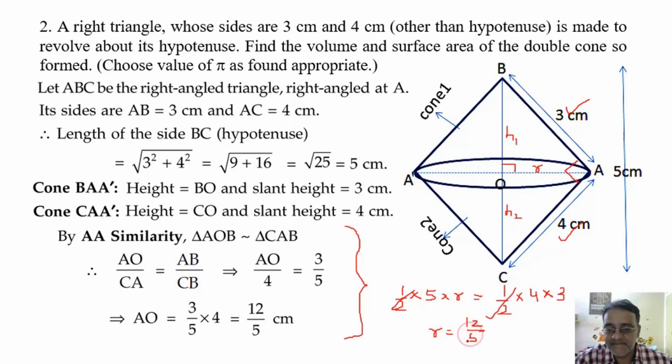Same thing. This looks short because I have not written any steps here. First of all, you have to write area of triangle ABC equals half into BC into OA, and area of triangle ABC equals half into AC into AB. Then from both equations we get this, and R equals 12 upon 5.